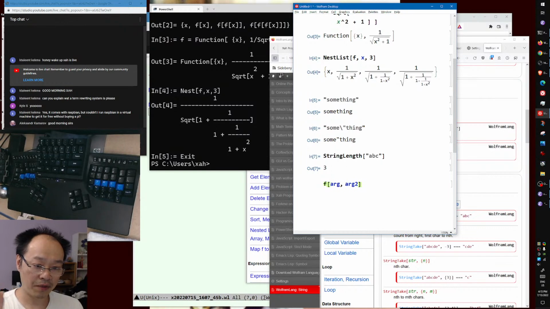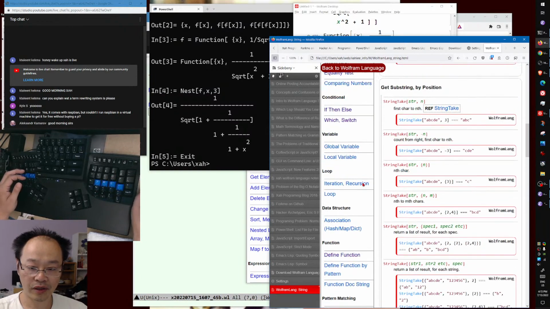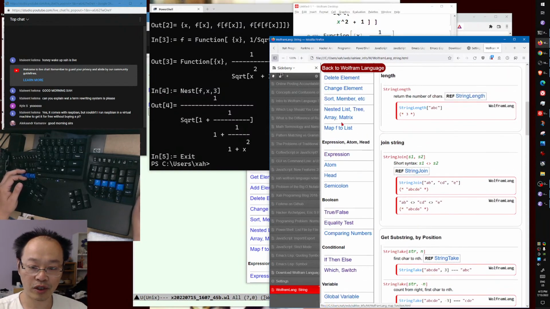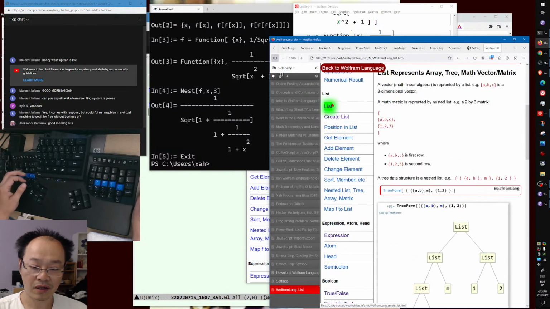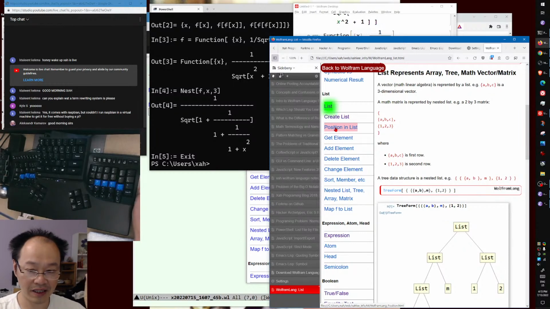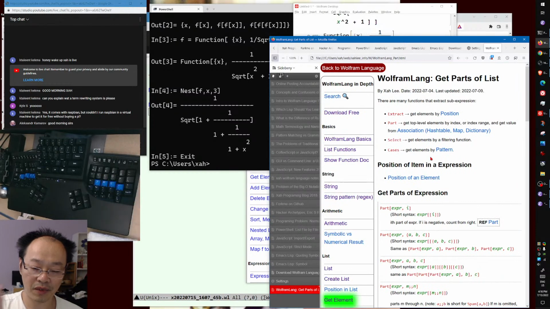So this is the main topic today: lists and expressions in Wolfram language. For example, you can see the tutorial on lists and expressions. All this section covers creating a list, positioning in a list, like the index of an array in other languages, getting elements, extracting a sublist, and things like that.